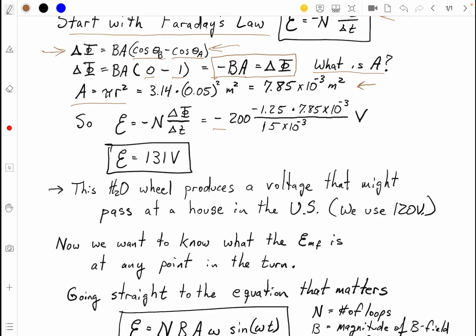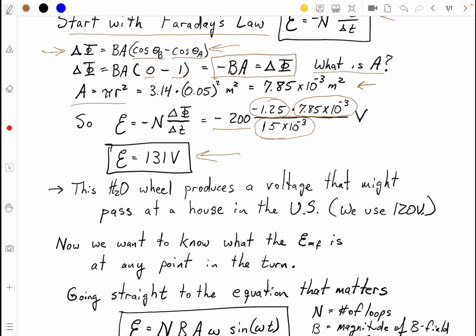We've got our negative sign, N is 200, but then we also have minus B, and then there's our area. And we're going to divide all of that by the amount of time. And when we do that, the two negative signs cancel out, and we're left with 131 volts.